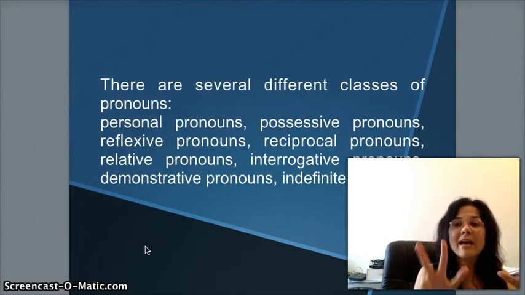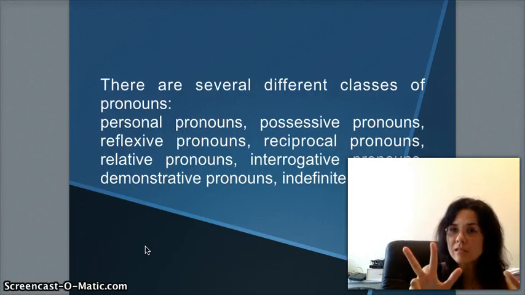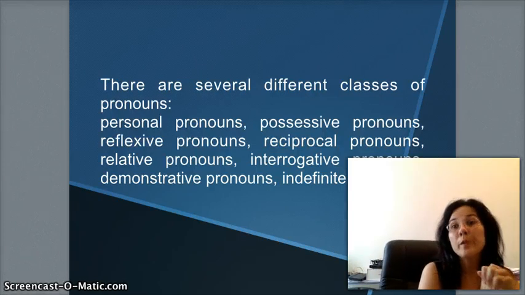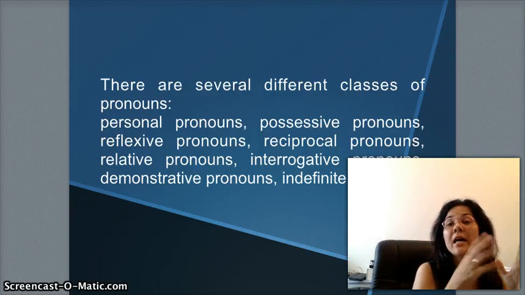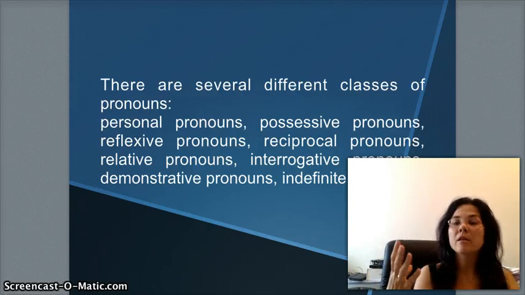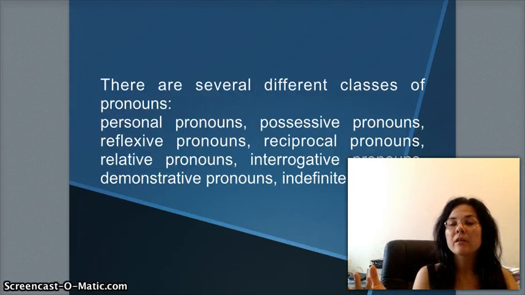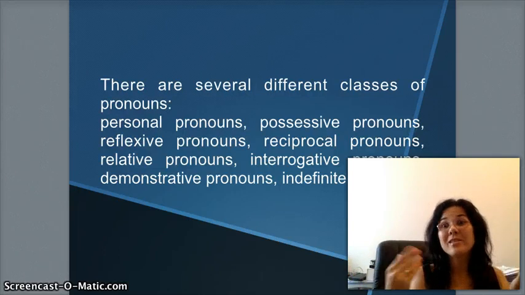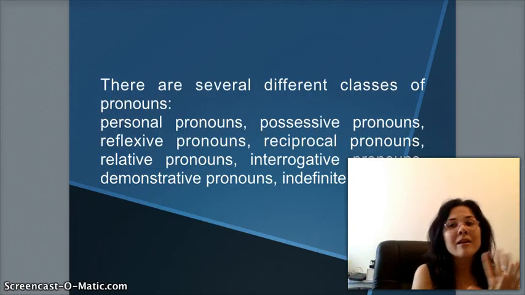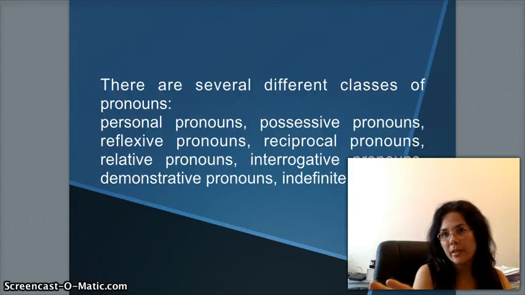So here we have 8 different classes of pronouns. Although pronouns have noun-like characteristics, which means that their characteristics resemble the noun ones, they are rarely modified, okay?